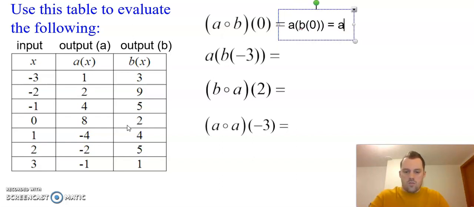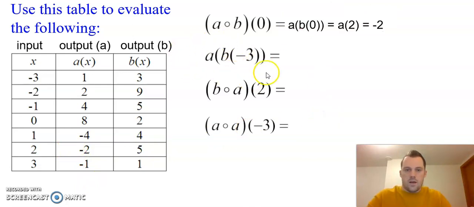Now b of 0 gave us 2, so 2 becomes our new input into the a function. Our a function gives us an output of -2.